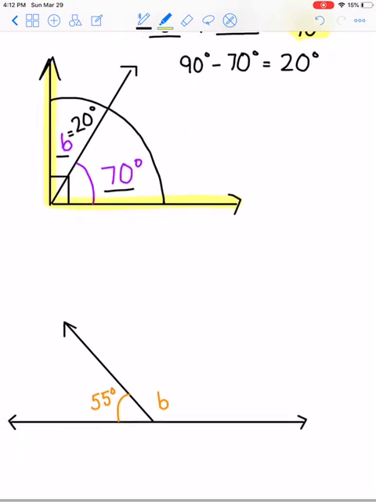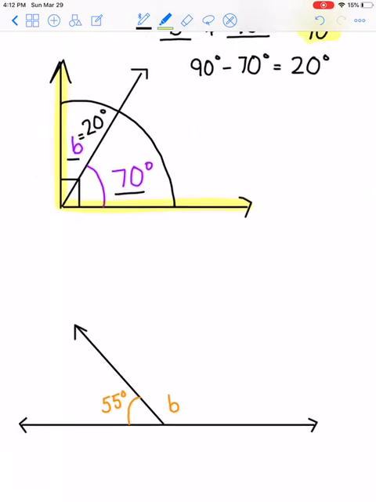Here's an example of a supplementary angle. I know that a straight angle has a measure of 180 degrees, always. It'll never change. And we have two angles inside that have to equal 180 degrees when they're added together.